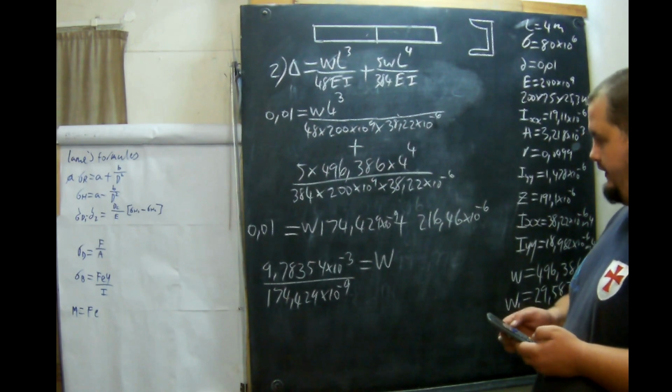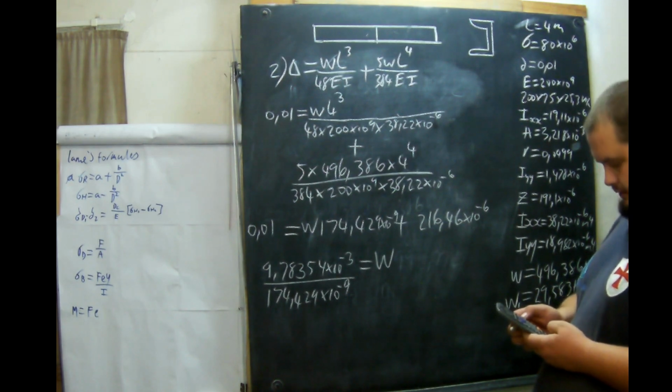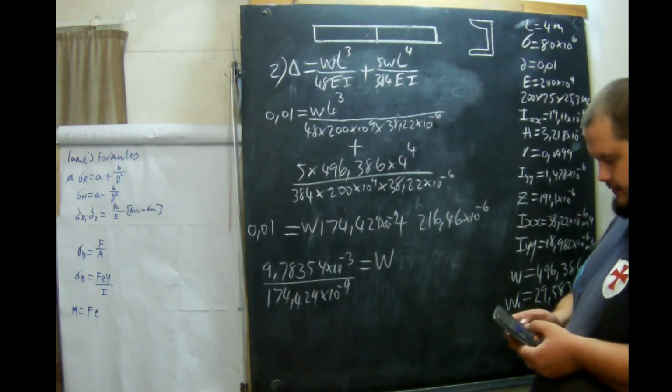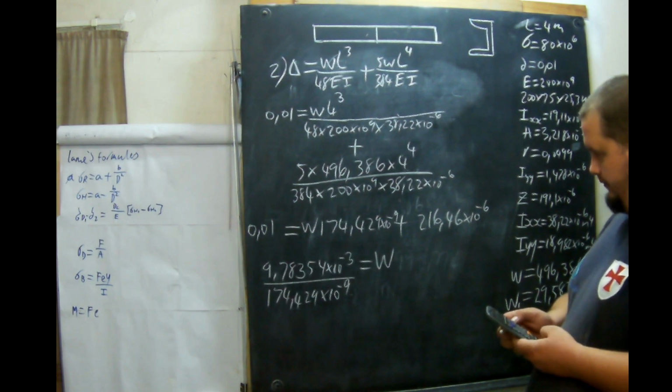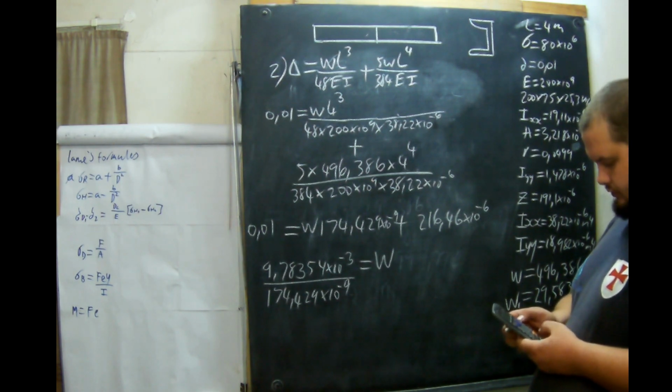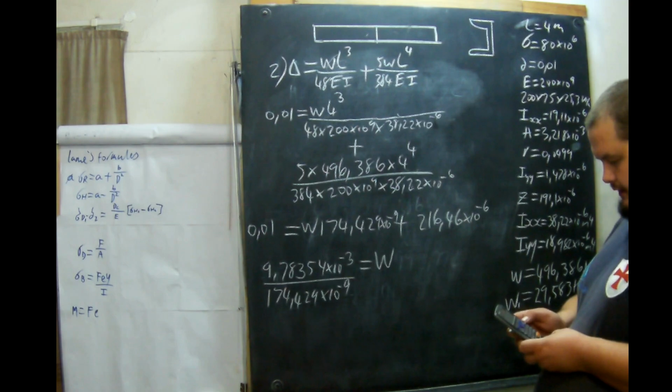So our W value is 9,7835 times 10^-3 over 174,429 times 10^-9.